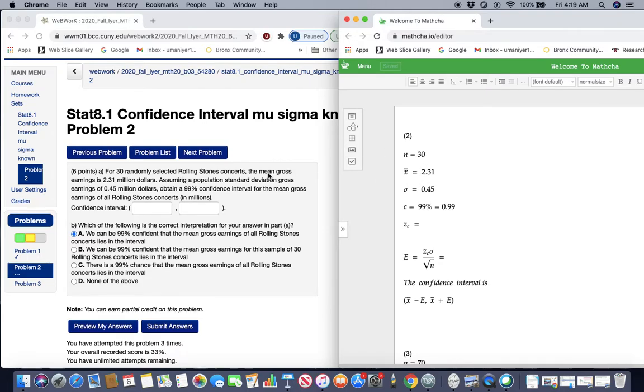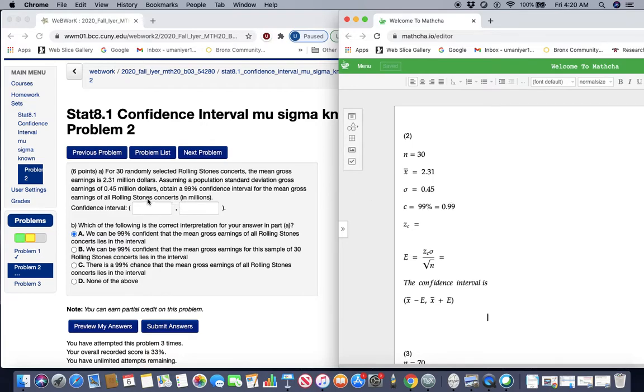The mean for these 30, in other words the sample mean, is 2.31. So the sample mean is denoted by X bar. The population standard deviation is denoted by sigma, and that's known to be 0.45. We are told the confidence level is 99%.